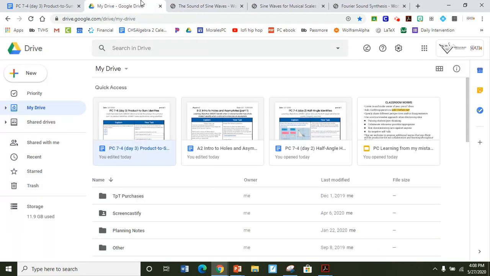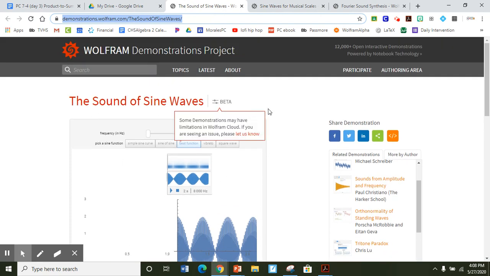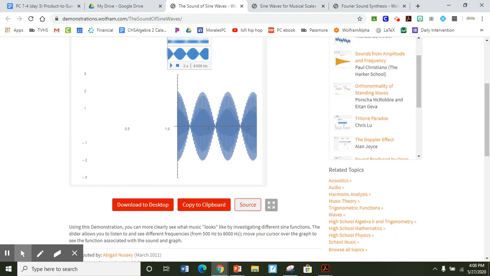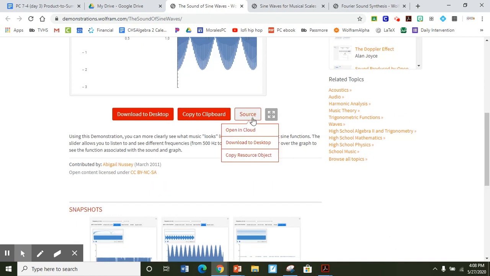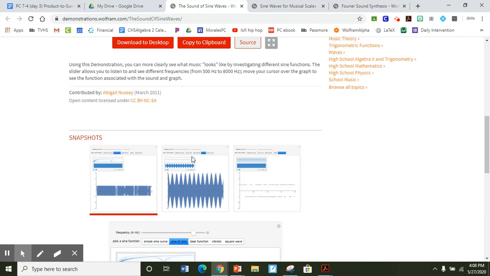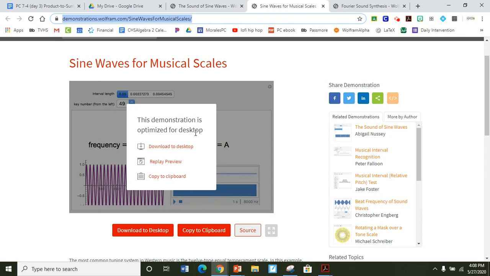The second one you're going to go to is the sound of sine waves again. So you get to pick a sine function, change the frequency, and mess around with that. Actually, I think you need to go to something else. Here's another one.